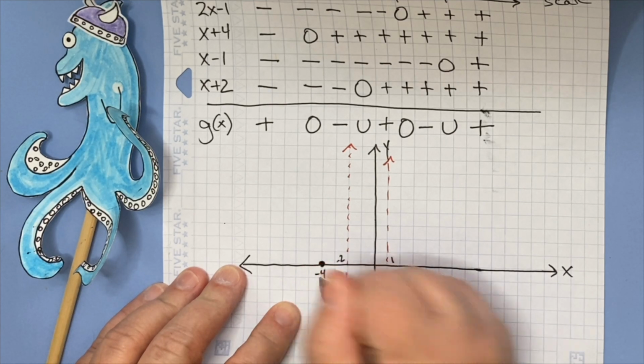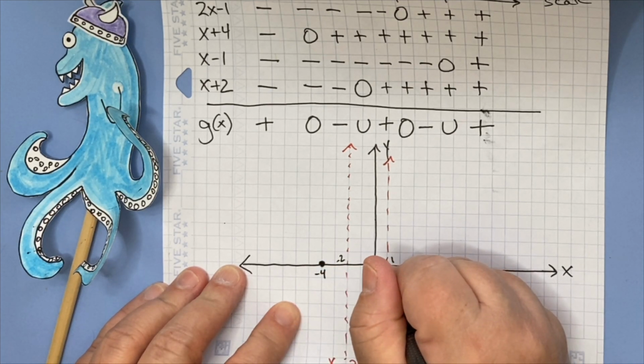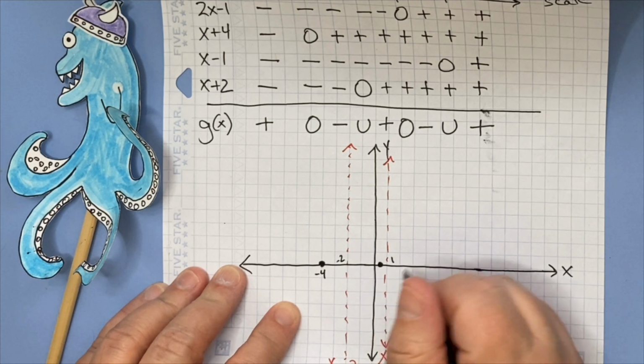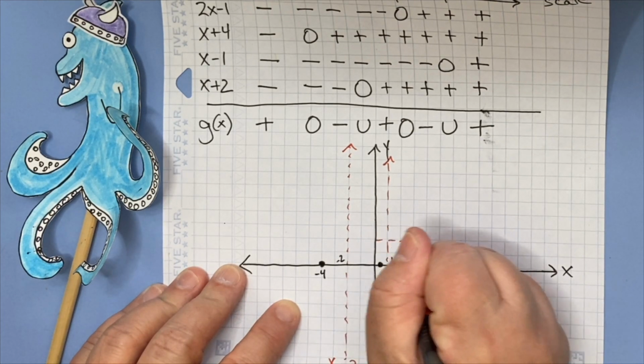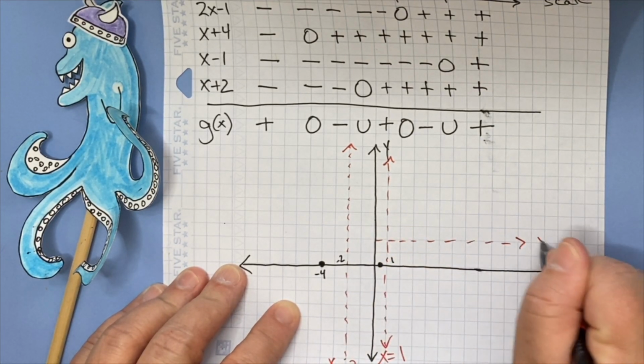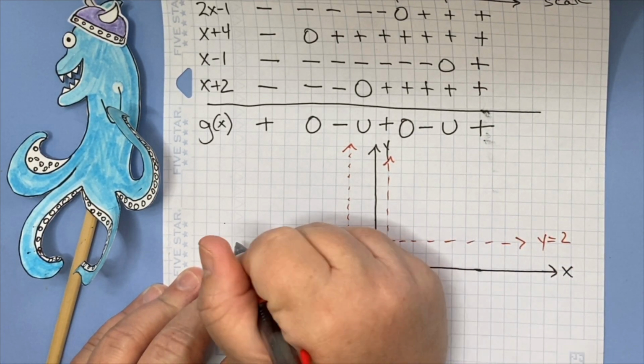So this is -4 right there. And then I've got a point right there that's 1/2. Okay. Then I also have a horizontal asymptote at y equals 2.